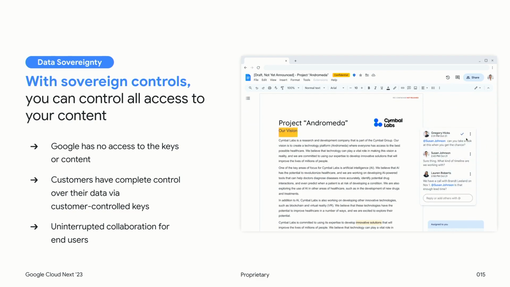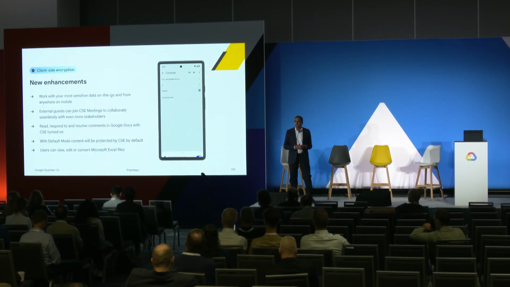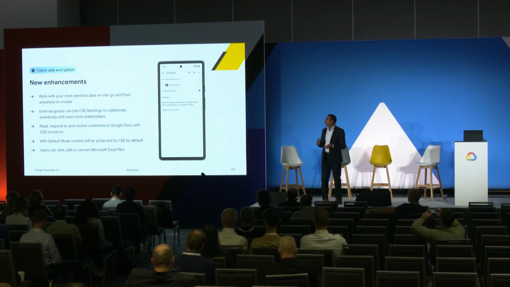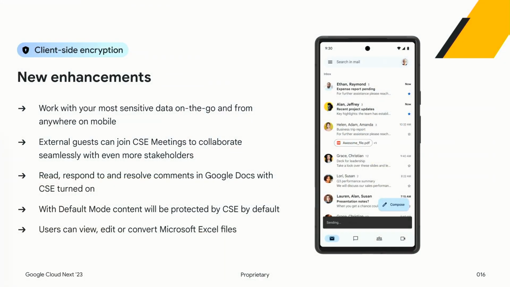And we're doing all of this in a seamless way in which it doesn't impact end-user collaboration. And to that end, I'm really proud to make a series of feature enhancement announcements today on client-side encryption. The first is we are going to enable all of you and your end users to work on the go with sensitive data.